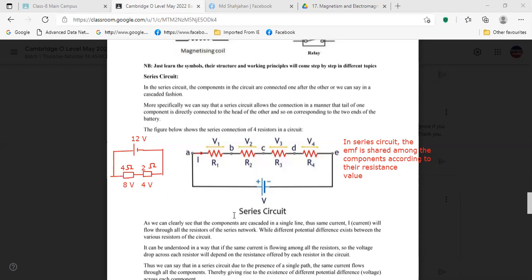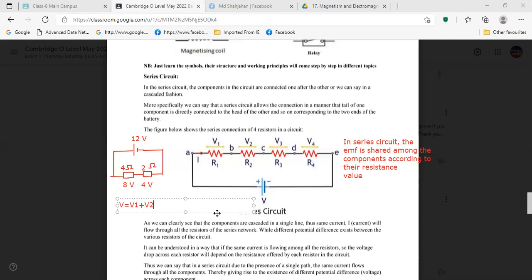Yes, sir. So after this writing, you draw this circuit, then you write this equation. V equals V1 plus V2. Okay? 12 equals 8 plus 4.